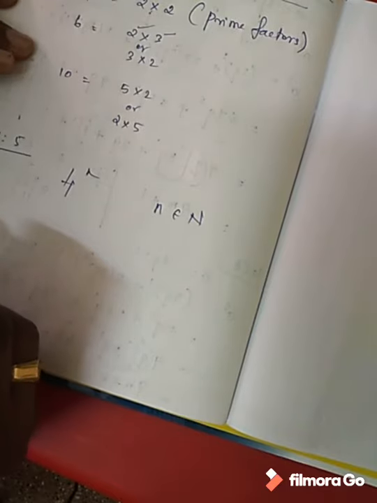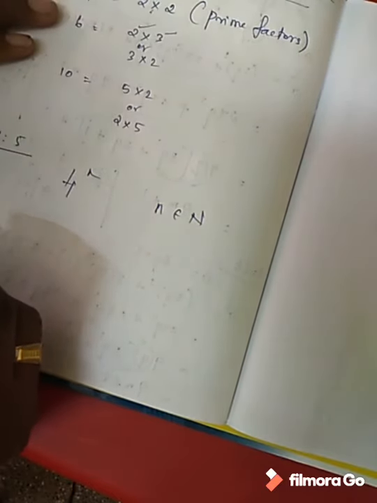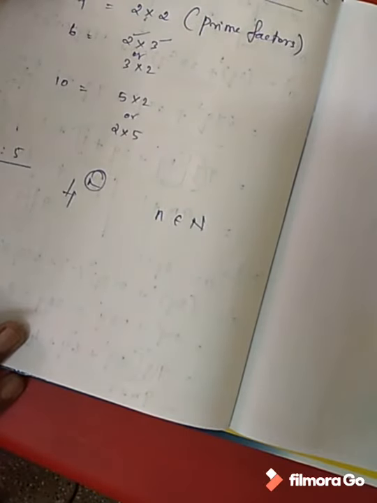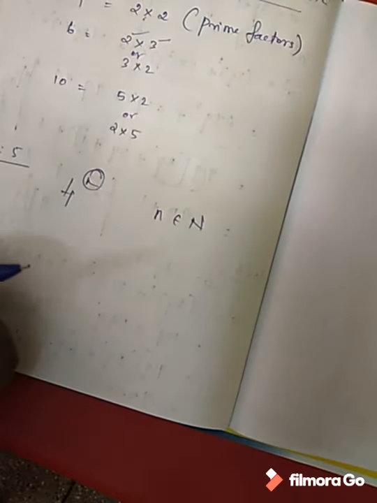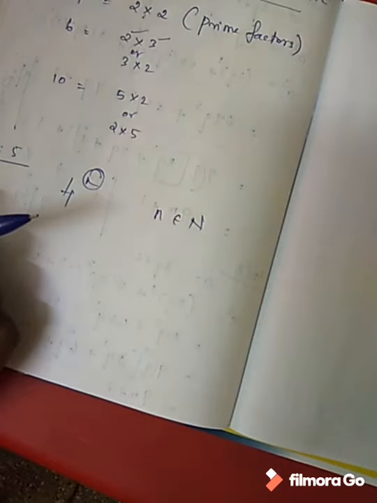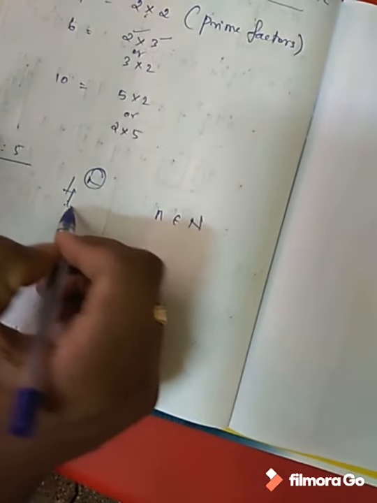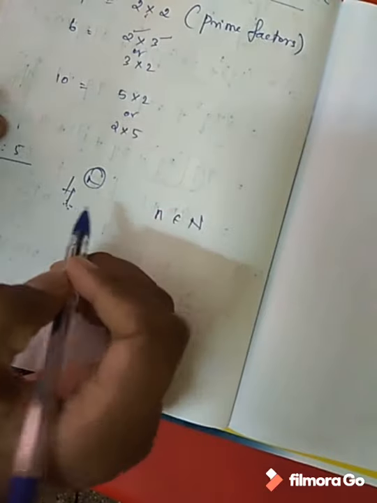Check whether there is any value of n for which 4 power n ends with the digit 0. When we substitute n as 1, 2, 3 and so on, the values will change: 4 power 1, 4 power 2 is 16, 4 power 3 is 64. It keeps on moving, right?